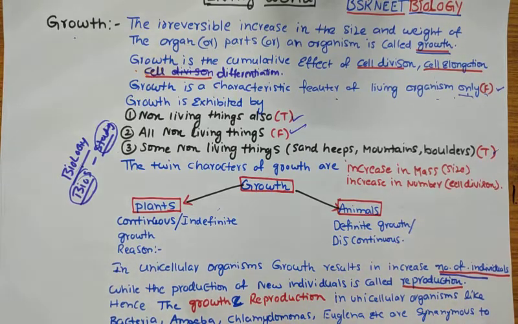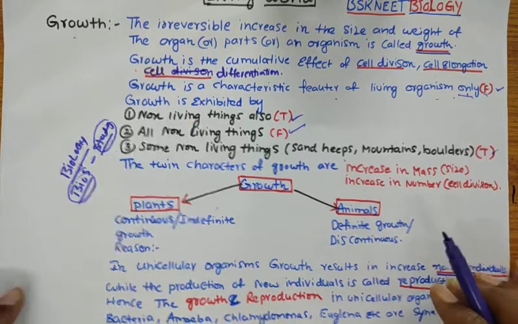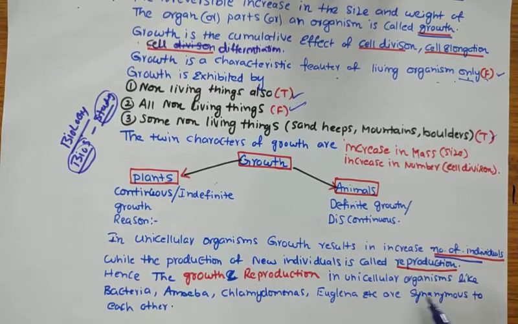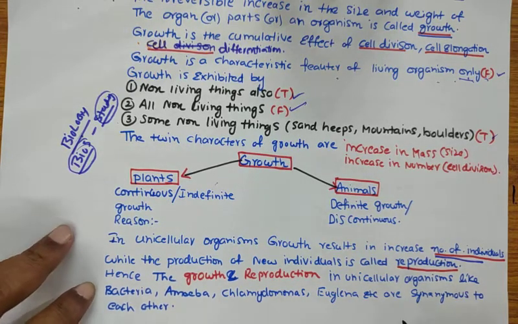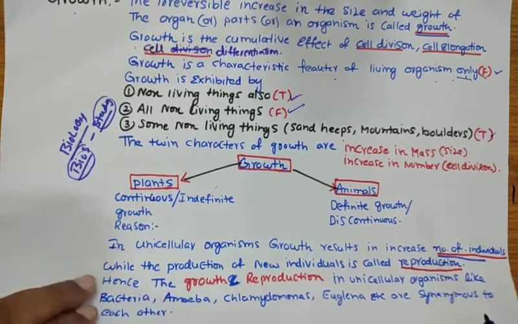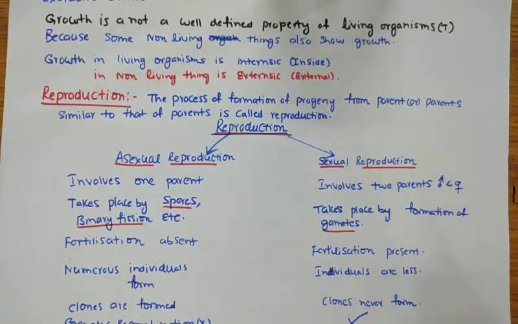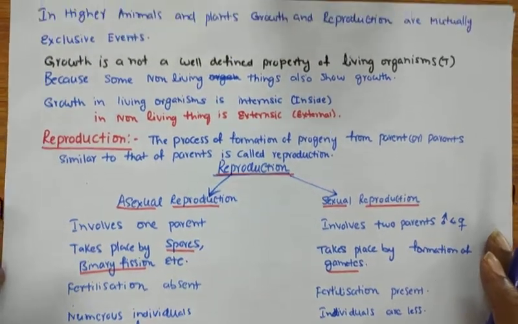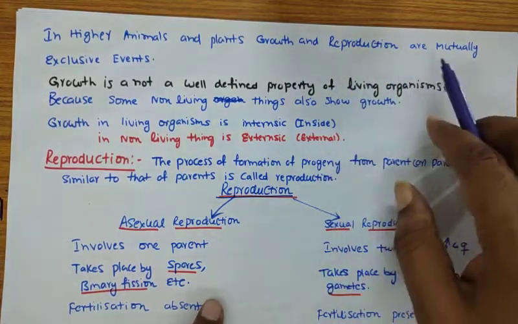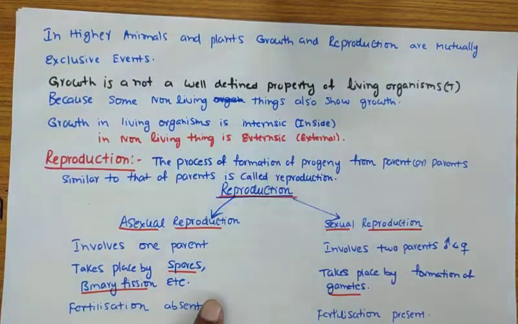That is why in unicellular organisms like bacteria, amoeba, chlamydomonas, and euglena, growth and reproduction are synonymous to each other. Remember that one. Whereas in higher animals and plants, growth and reproduction are mutually exclusive events.